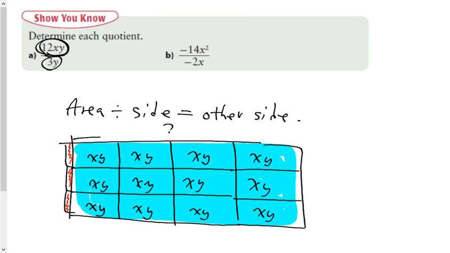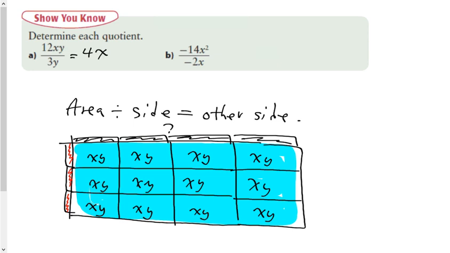Well, each of these are going to have to be positive x's, right? Because that's going to give us our length. So therefore, when we draw that in, we could then say an area of 12xy divided by a width of 3y is going to equal the length of 4x. So our answer for this is going to be 4x, or the area divided by one side equals the other side, so the other side has to be 4x.